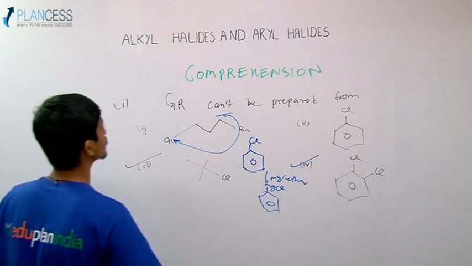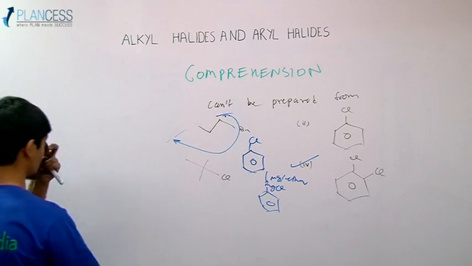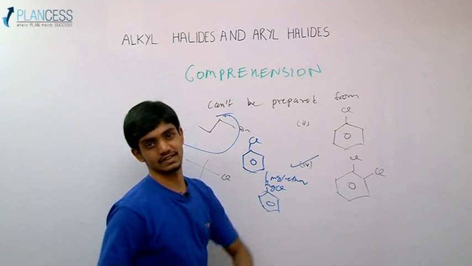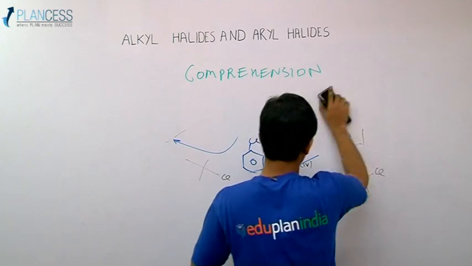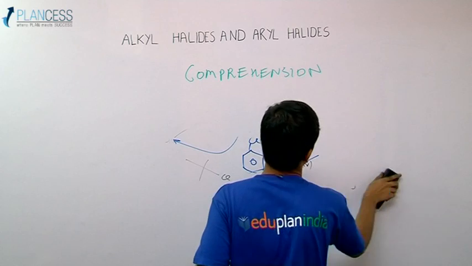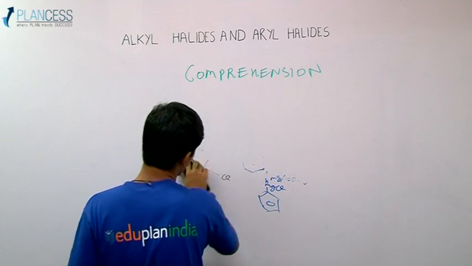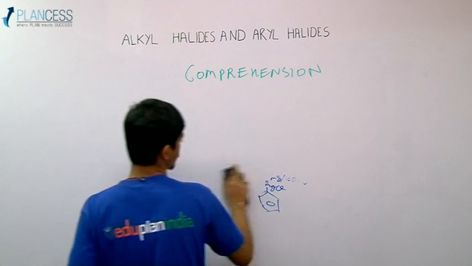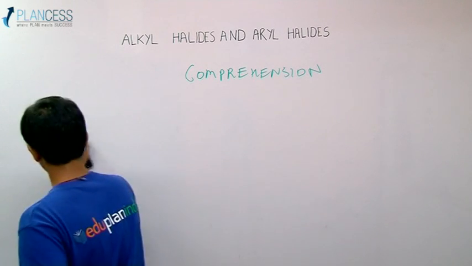A very simple question, but the logic here is you should not get confused between this and this option. You can think that aromatic halides cannot give you Grignard reagents, so that means there are multiple correct options. Actually they are not, only the first option was correct. So let us go to the next question of the comprehension, which is the last question of the comprehension.